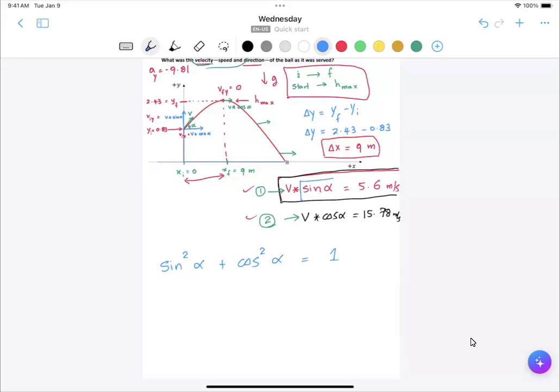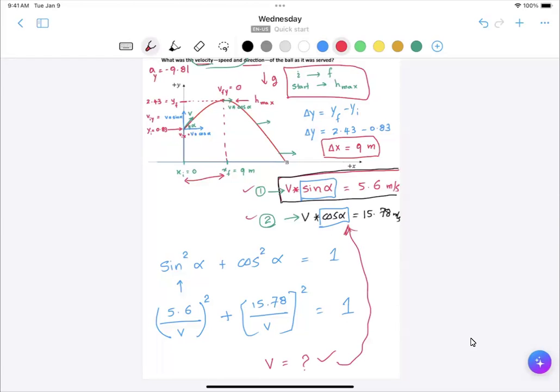The substitution becomes 5.6 divided by v, squared, plus 15.78 divided by v, squared, equals 1. Then you have to work through the math. V equals what? Only one unknown in the equation. Once you have v, you can go back and find the angle.